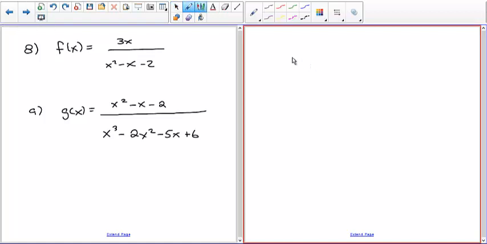So this is number 8. A is to find the x-intercept. The x-intercept is when the numerator equals 0. So you get 3x equals 0, or x equals 0.